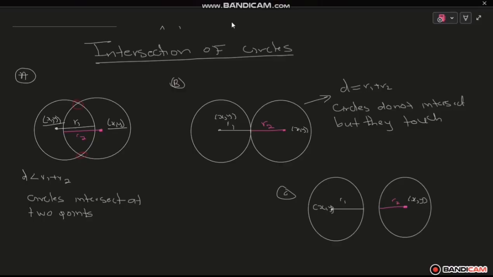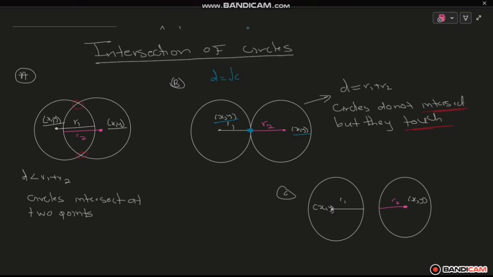You use the coordinates of the centers to find the distance of the circles. So they do not intersect, they only touch, as you can see over here. So this is their point of contact.